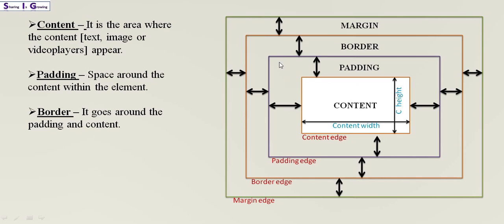That means the space around the border area represents the margin area, and we can simplify that as the margin area bounded by the margin edge extending the border area to include an empty area, which is used to separate the element from its neighbor elements.